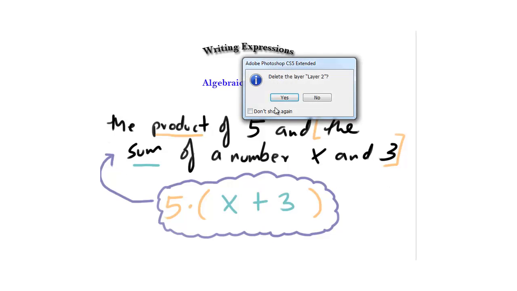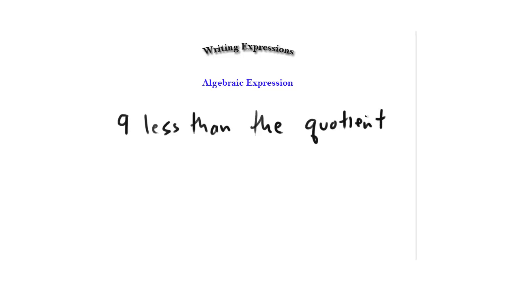Okay, let's try another example. What if we write out 9 less than the quotient of 8 and a number x?